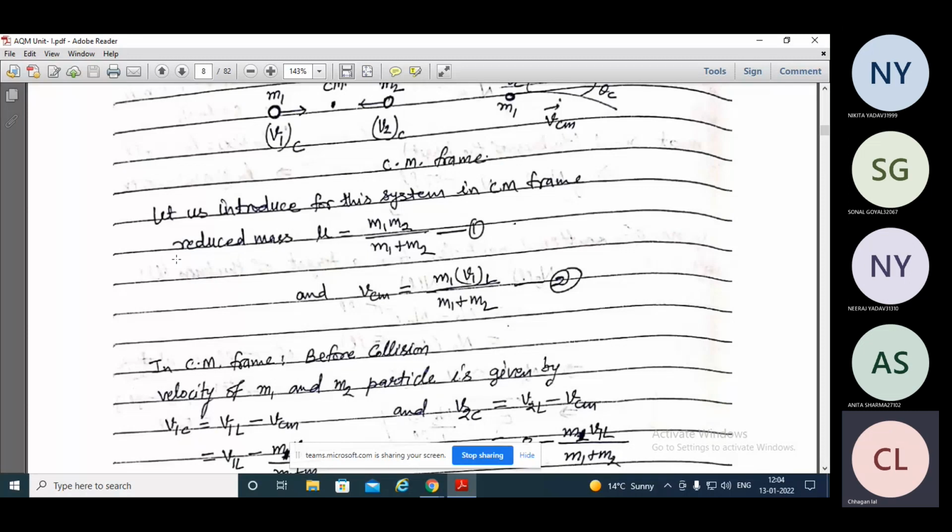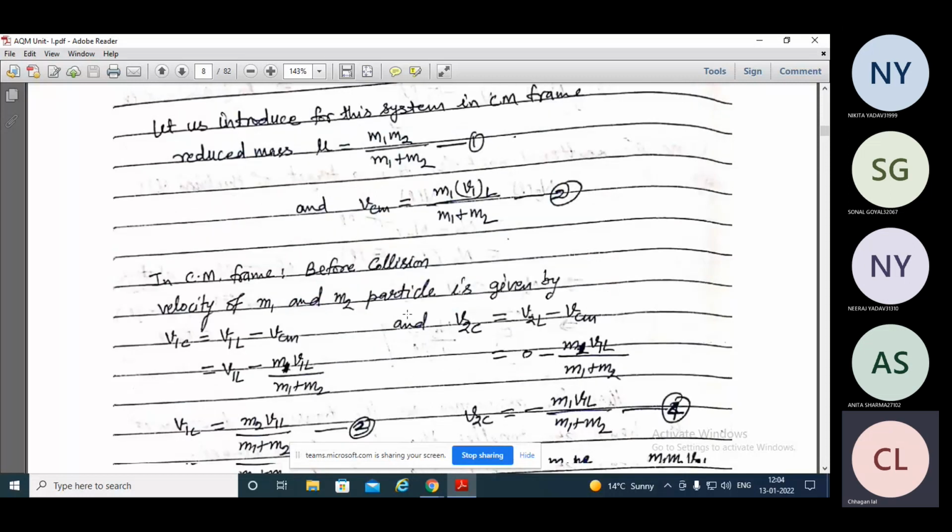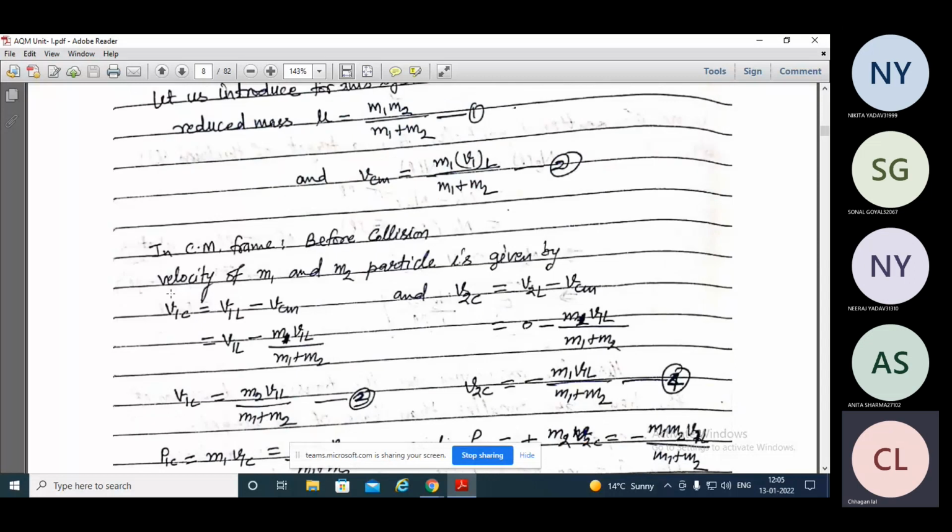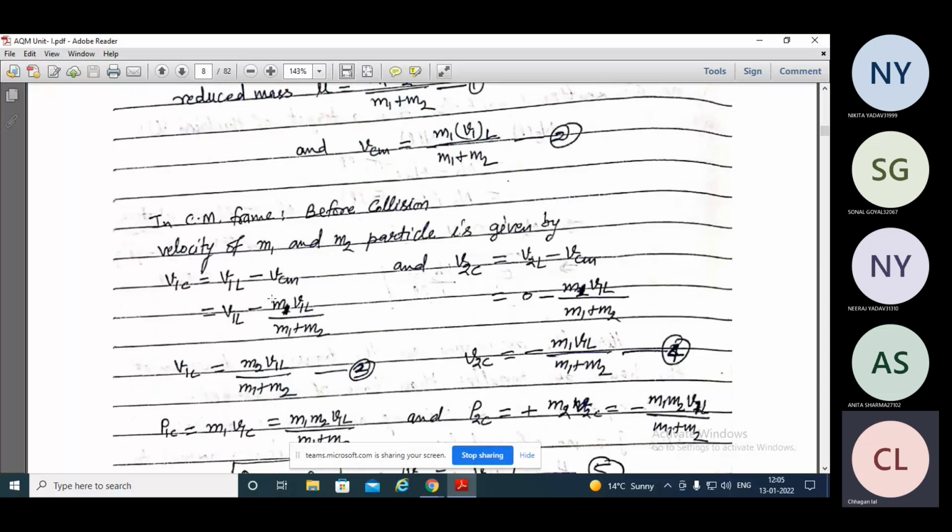The reduced mass should be mu equal to m1 m2 over m1 plus m2. Then VCM equals m1 v1L plus m2 v2L over m1 plus m2. V2L equals 0, so here only one term remains, m1 v1L over m1 plus m2. These are the two terms for the introduction of the C frame. Now in the C frame, before collision, we can find the velocities of the m1 and m2 particles.